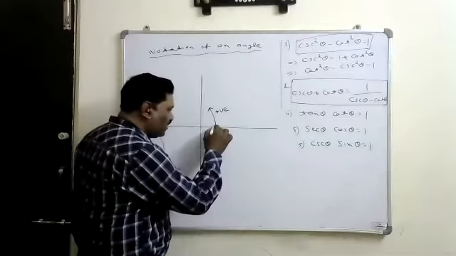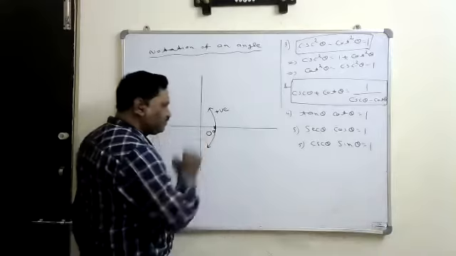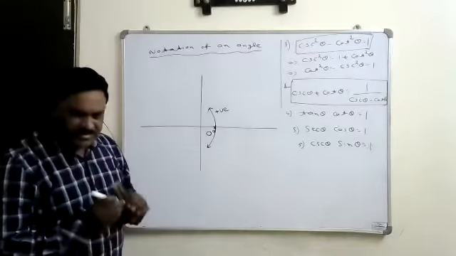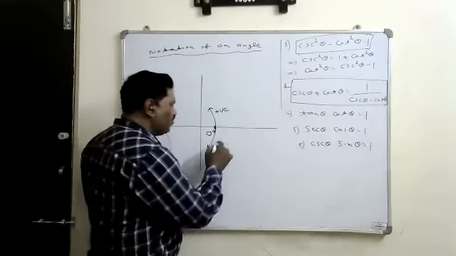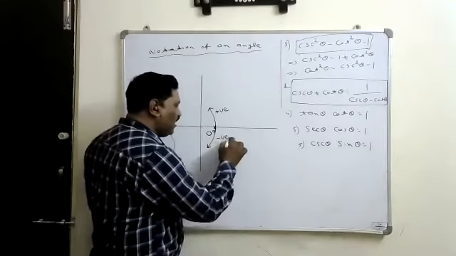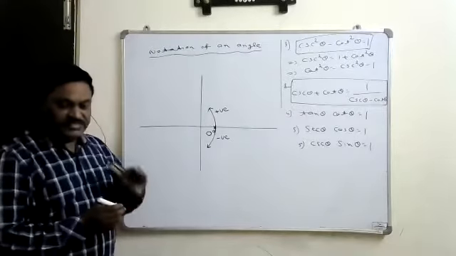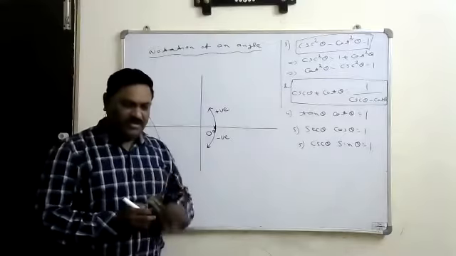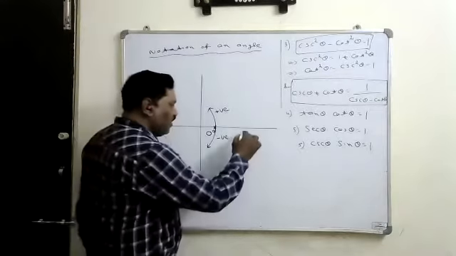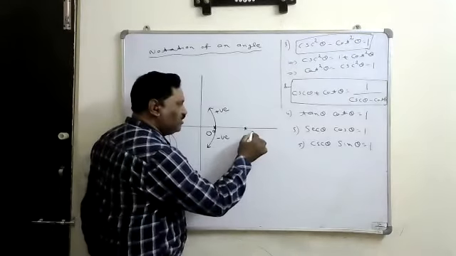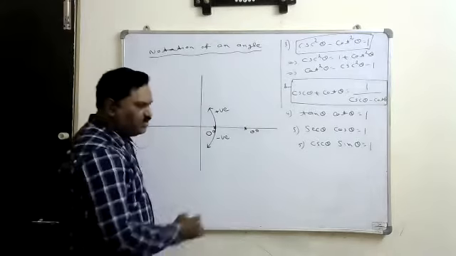And if you measure the angle in the clockwise sense, all these angles you have to take as negative angles. Suppose this is the starting point, 0 degrees.